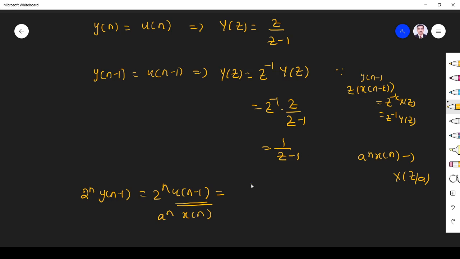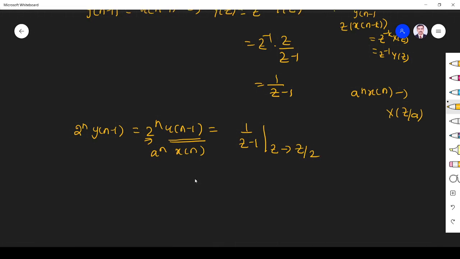What is the transform? 1 by z minus 1, with z replaced by z by 2. Here a is 2. You see, z must be replaced by z by a. So I replace z by z by 2. So what will happen? 1 by z by 2 minus 1, because of a power n x of n.